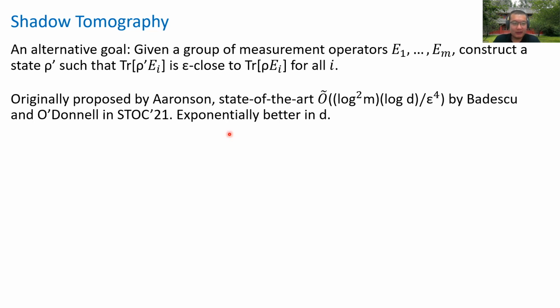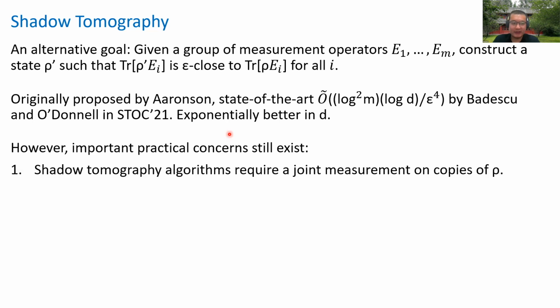But there are still different concerns, especially in practice. For instance, the shadow tomography algorithms require a joint measurement on the copies of the state rho. This holds for the originally proposed algorithm due to Scott Aaronson, the follow-up works, and also the state of the art due to Badescu and O'Donnell.